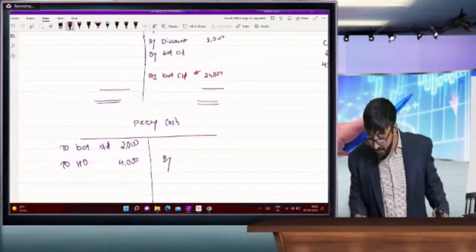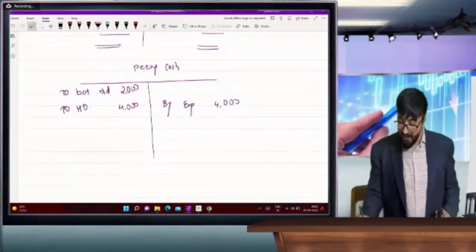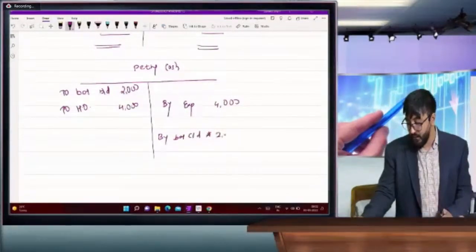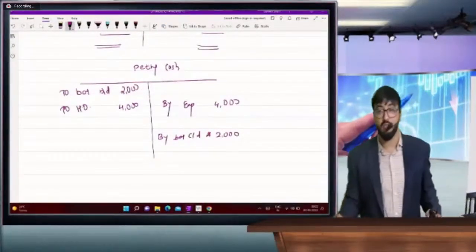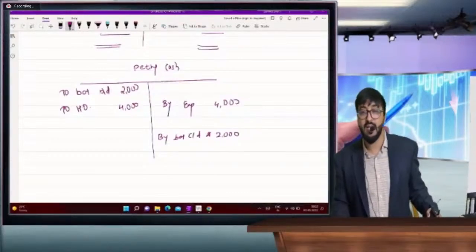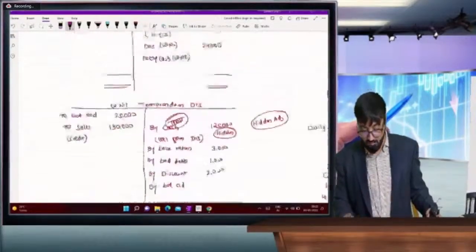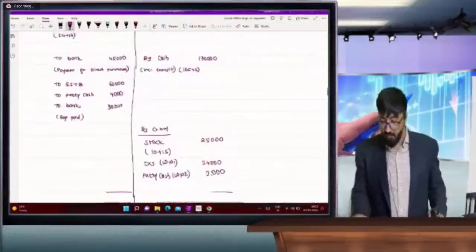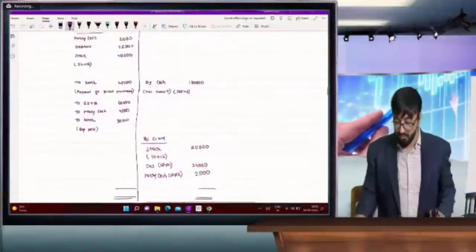And what are the petty expenses we have paid? By expense 4,000, and by balance carried down, 2,000. So petty cash 2,000. And now we have completed this question.